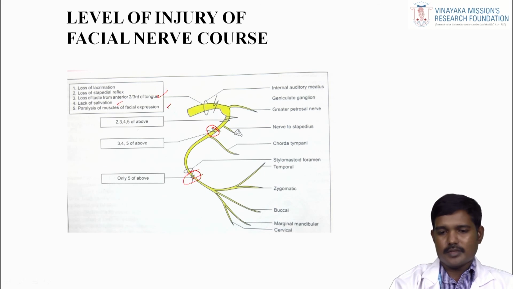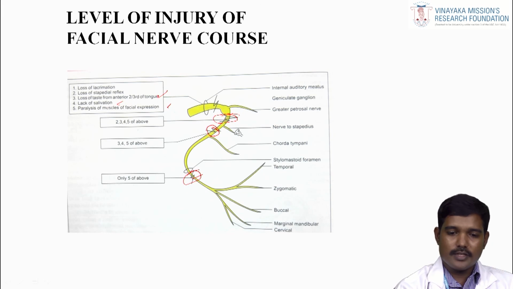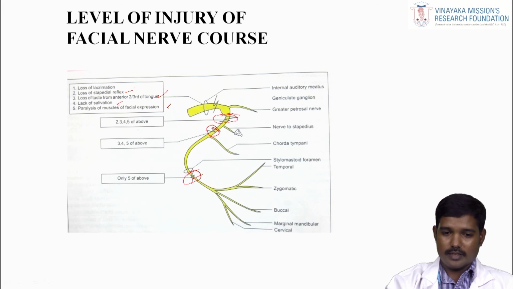In case injury happens above the nerve to stapedius, the patient, including these lesions, has a loss of stapedial reflex. So the patient finds even a slight sound very loud.